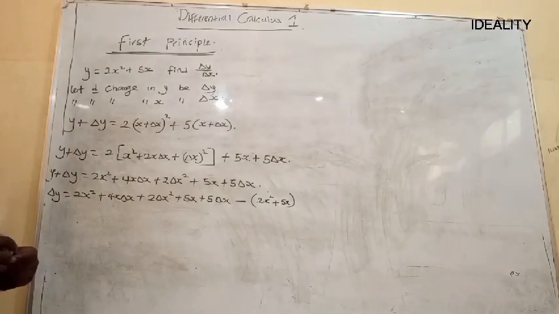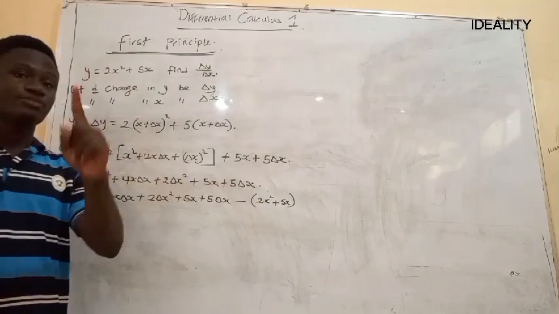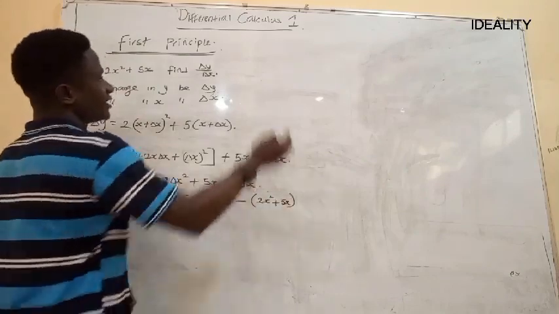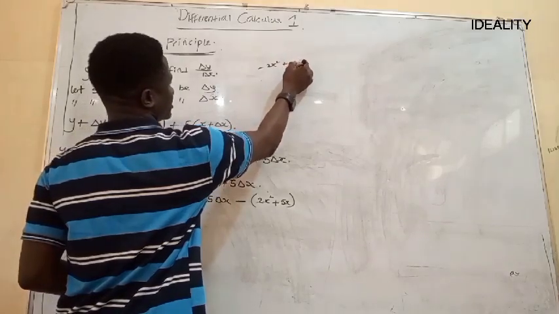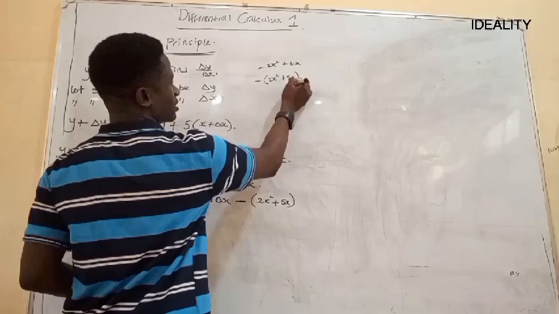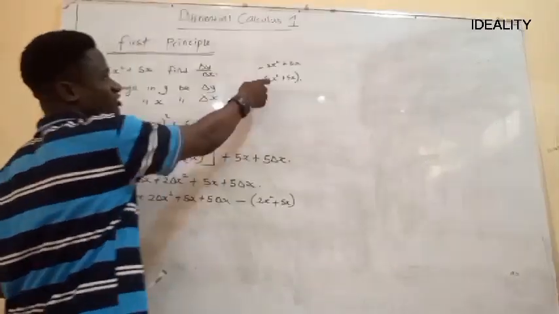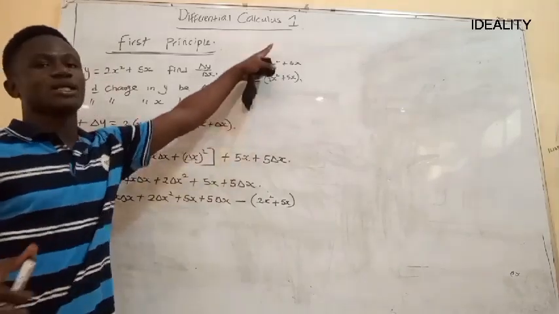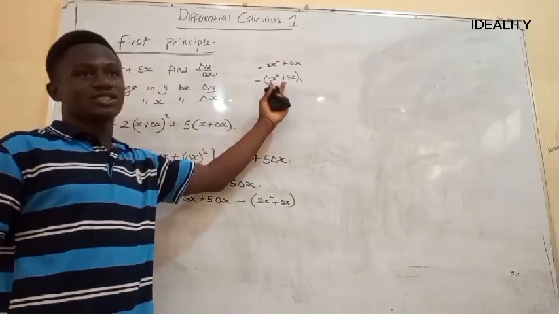Now, the reason I said earlier that you should always put two different variables that cannot be added into brackets is because if I have minus 2x squared plus 5x, they are two different things. Why? Because this minus is only affecting this 2x squared. This minus here is affecting the 2.